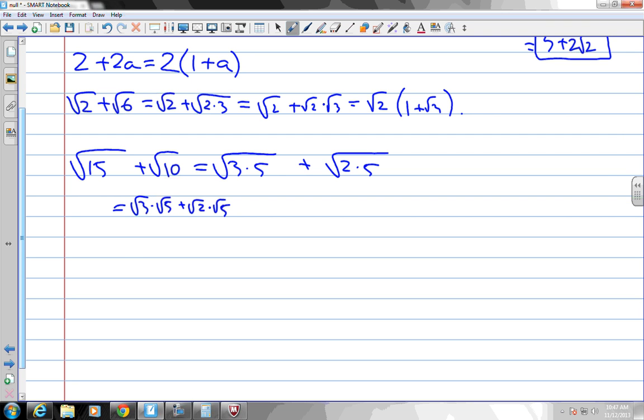So what's the common factor? Root 5. So if you take root 5 out, that's root 5 times root 3 plus root 2. Just factoring, just taking out the common factor. This is just fun little exercises.